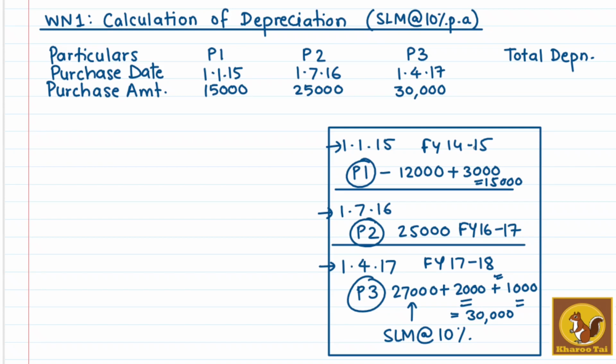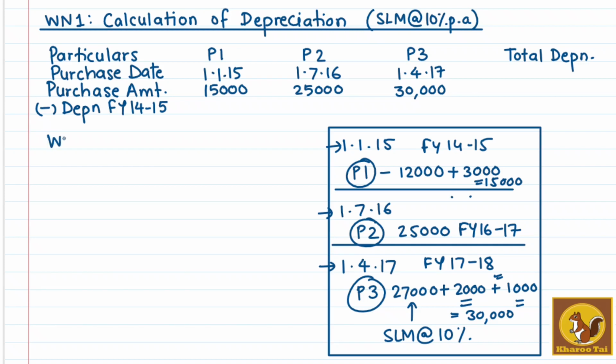Financial year 14-15, 15-16, in 15-16 there are no purchase or sale transactions, 16-17 and 17-18, right, for 4 years. We can do the working of depreciation for FY 14-15. We will keep one line for working if needed.